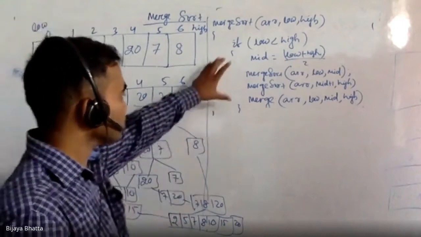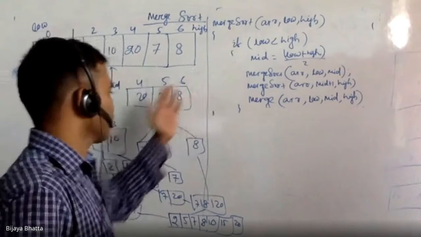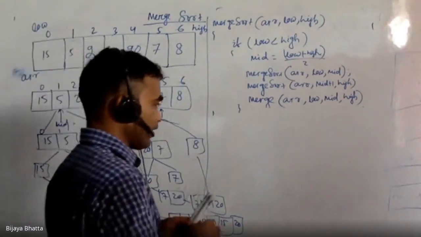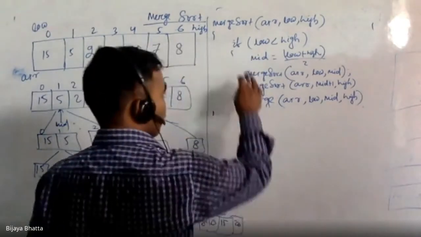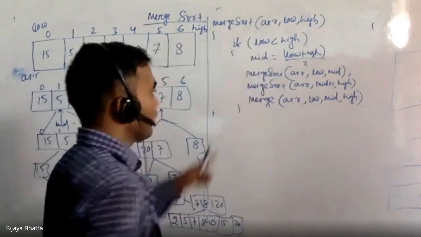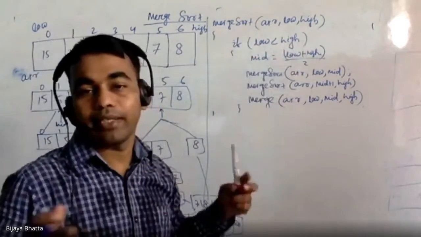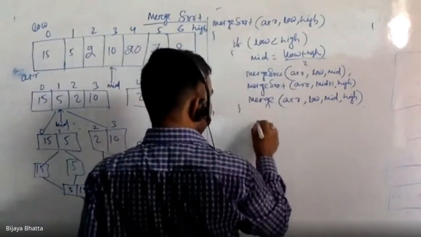Now, let me tell you the working principle. How does this actually work on this particular array? I'll draw a picture. Whenever it comes to here, low is 0 and high is 6, right? So initially, what is the merge sort I am calling?